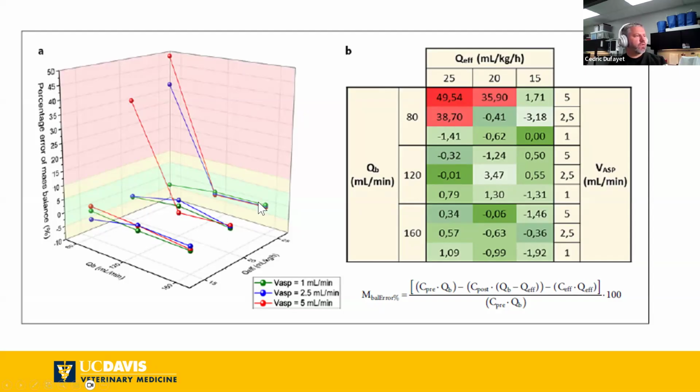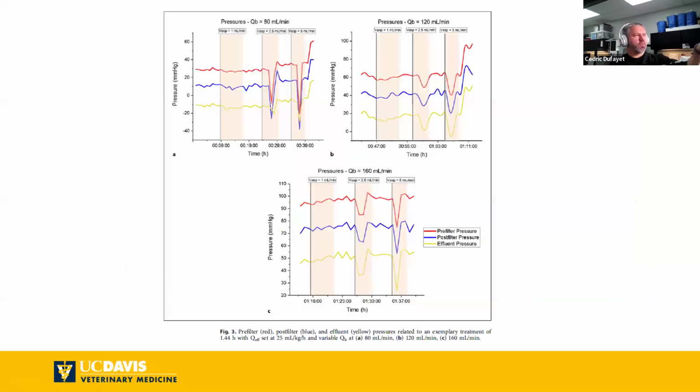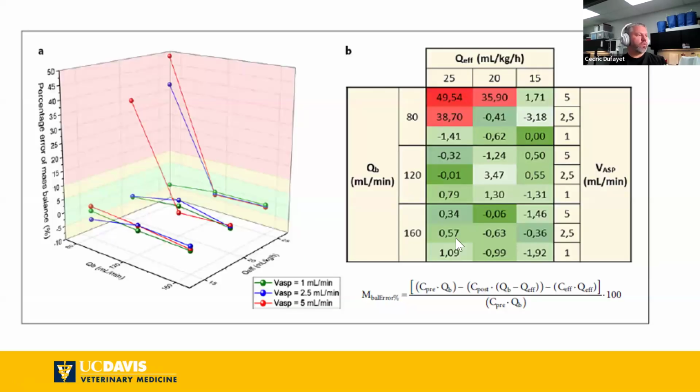And then when you get to the next stage, now even the 2.5 impacts. So it shows really nicely that too much suction is going to disrupt your extracorporeal pressures, and that if you're really running low flows, you're actually going to have more impact.